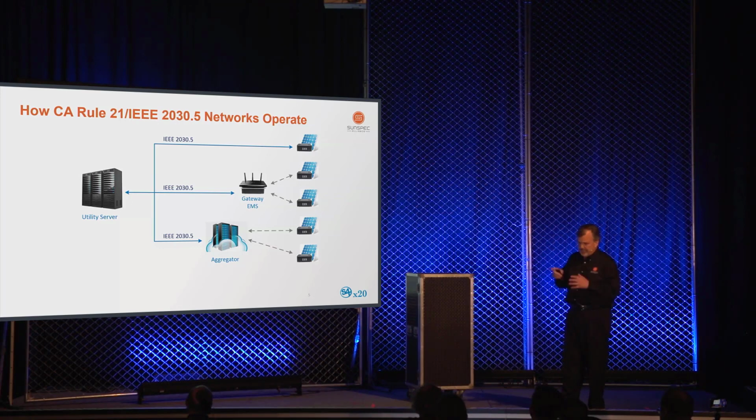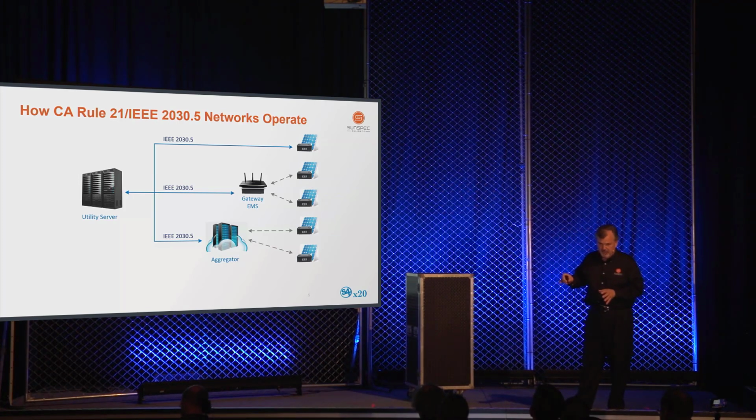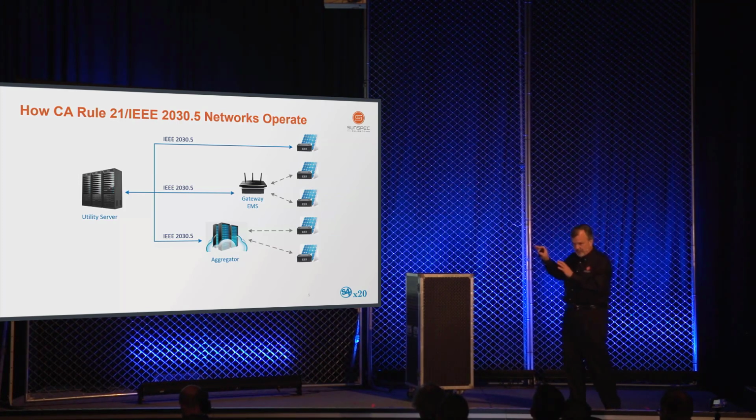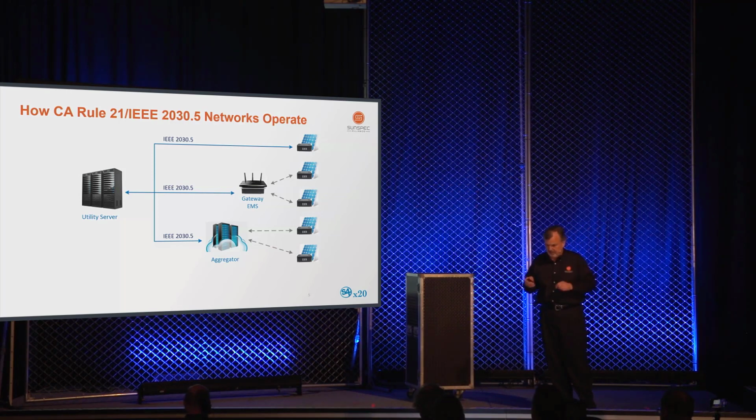So in the direct connect, that's to the DER system, but in these other cases, it's to an intermediate system. Everything beyond the intermediate system is out of scope in the current regulations, which is a different security problem that I'll deal with on a different day. All right. But in any case, these are the 3 common pathways, and they're being set up and implemented now.